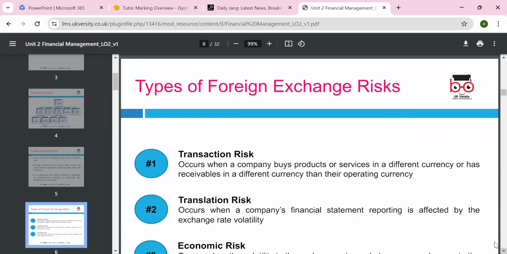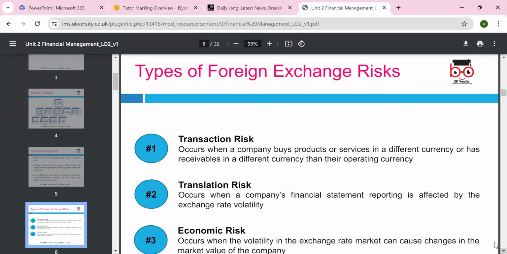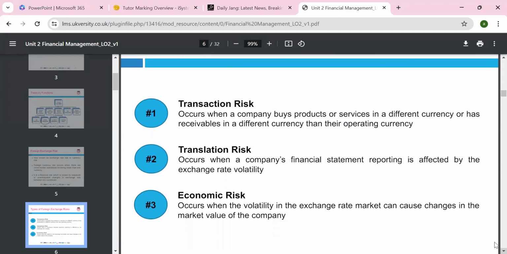So types of foreign currency risk: transaction risk occurs when the company buys products and services in different currencies, or has receivables in a different currency from its operating currency. Translation risk occurs when the company's financial statement reporting is affected by exchange rate volatilities, which means quite volatile.